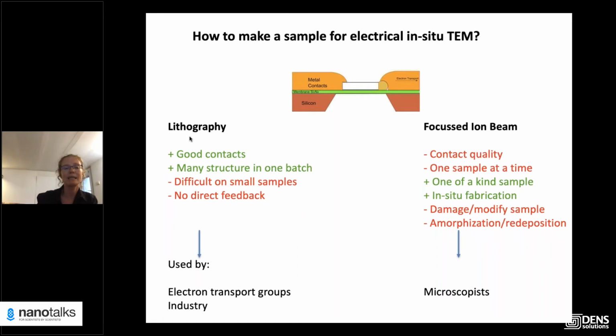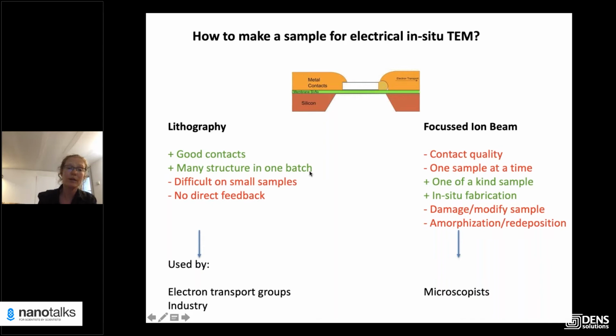This approach has advantages. For example, this is a method that typically will give you good electrical contacts. This is also the method of choice used in groups working on electron transport, and also in industry. And it's possible to contact many structures in one batch.